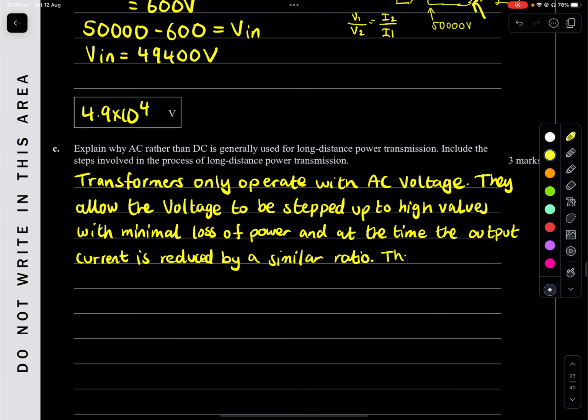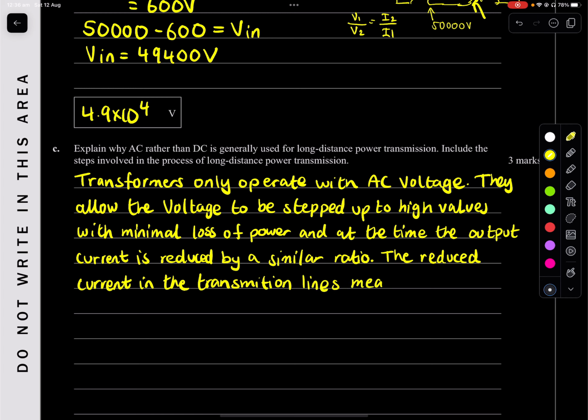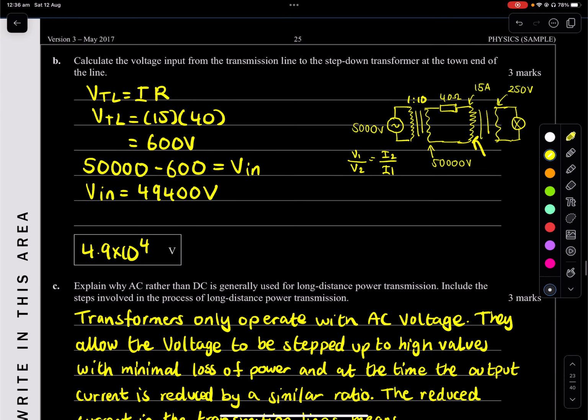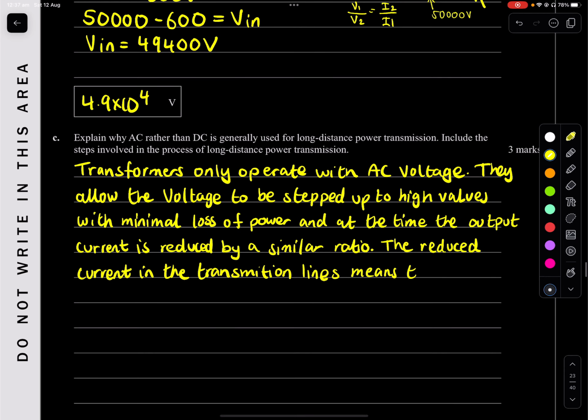What else can we say? Well, the reduced current in the transmission lines means that the power loss is much reduced.